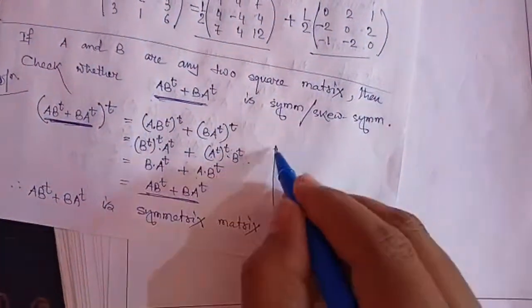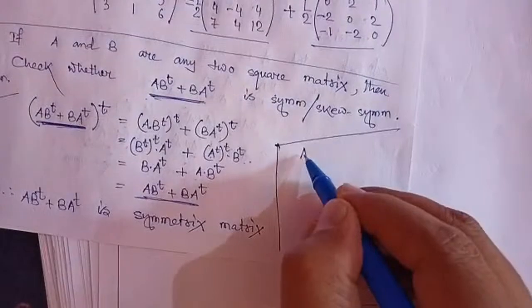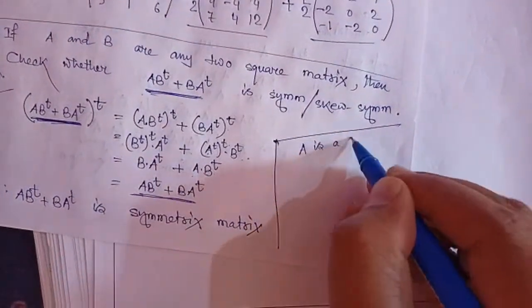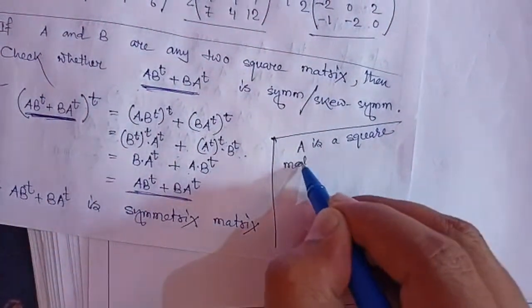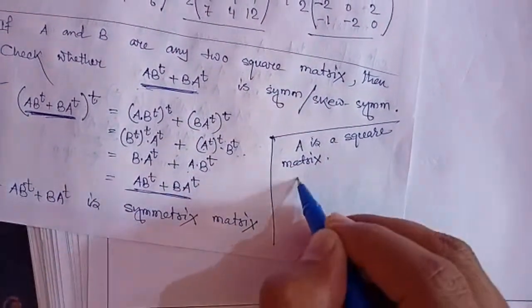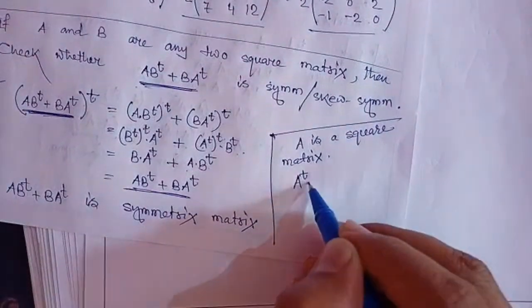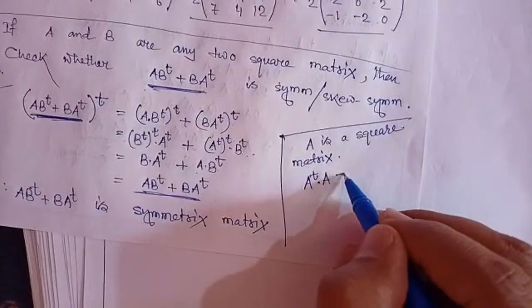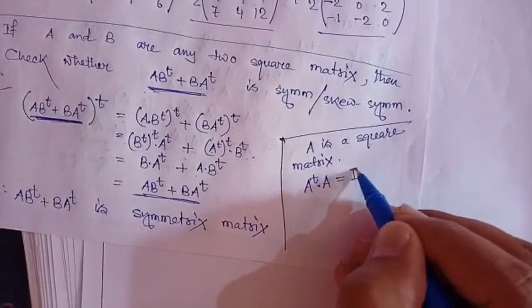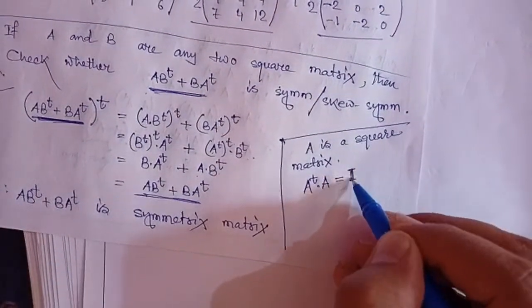Here in short I am giving the definition. Suppose A is a square matrix. If A transpose and the matrix A are multiplied, and after multiplying we get back the identity matrix, then this is called an orthogonal matrix.